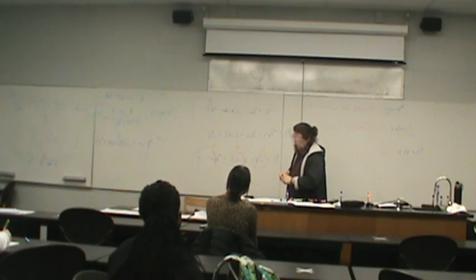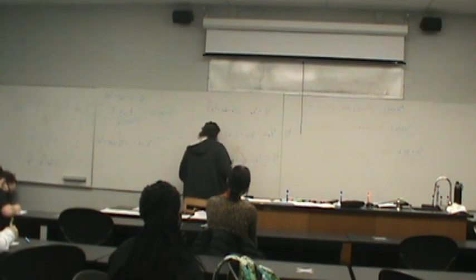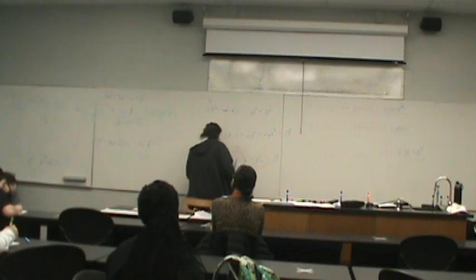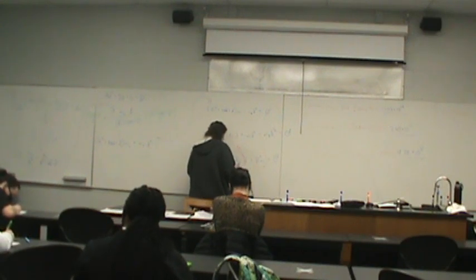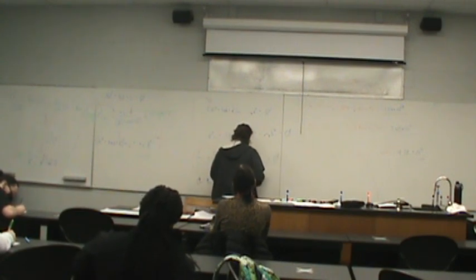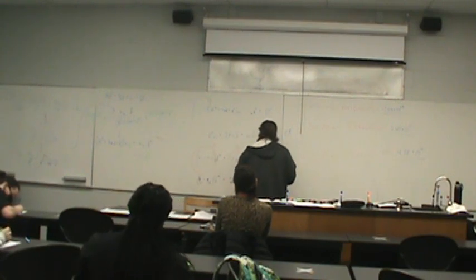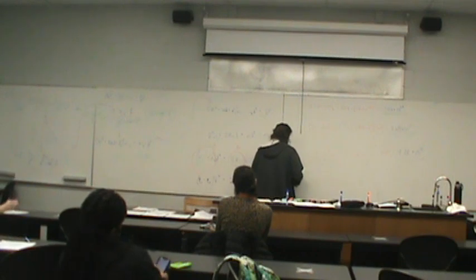So for 21, it would look like Q1 minus Q3 times d squared plus 2r Q1 times d plus r squared Q1 equals 0.